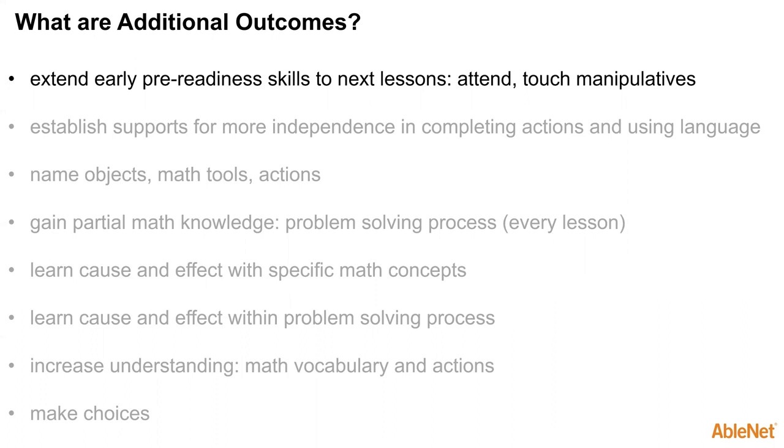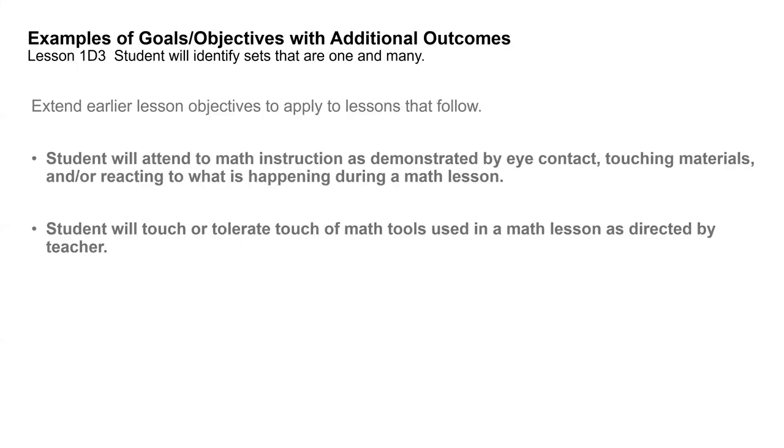Please note that many of the examples I am showing you in the next set of slides are linked to lesson 1D3. Student will identify sets that are one and many. I chose a specific lesson for clarity, but there are some examples that are more open-ended. Here are some examples of goals and objectives using additional outcomes in lesson 1D3.